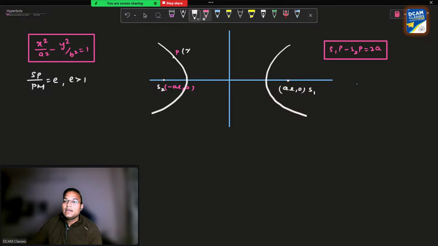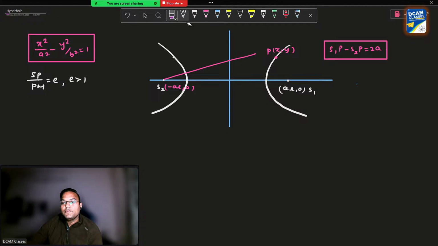You will ask me, sir, why are you taking the point P on the left side only? If I want to take the point on the right side, what will happen? Nothing will happen. You'll get the same result. Nothing will change. Anywhere you can do it.